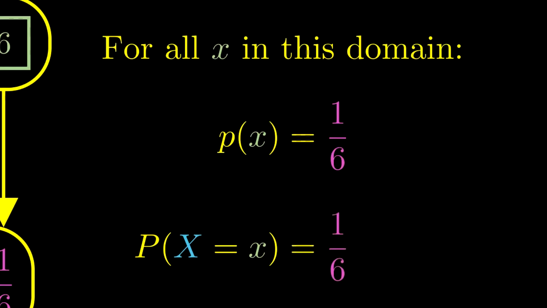The big P bracket big X equals little x means literally the same thing, just a different way of writing the exact same thing. There's no difference whatsoever between P bracket big X equals little x and just saying little p of x.